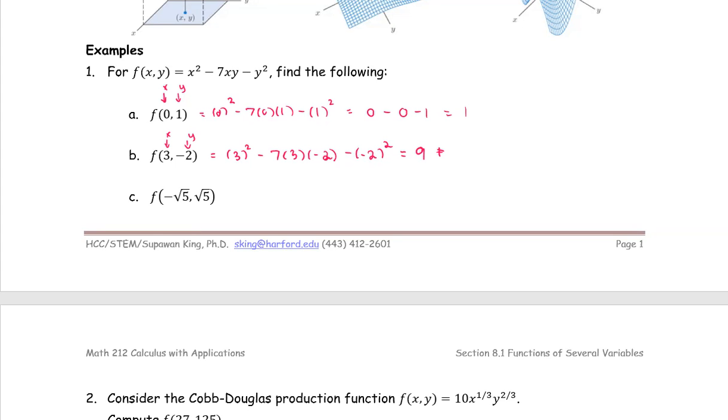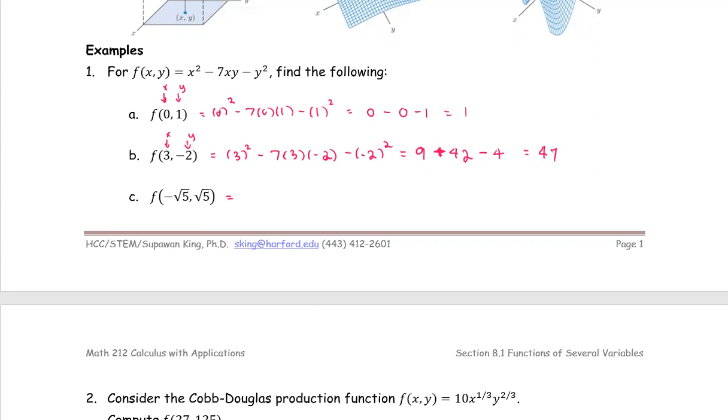That is 42. So 9 plus 42, and then minus 4. What would that be? It's going to be 47, I believe. So 9 plus 42 minus 4, yeah, you're good. That's 47. Basically just work on each term one at a time.